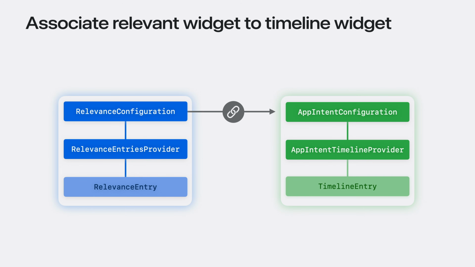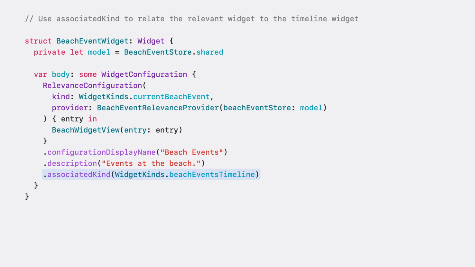The system will replace the timeline widget with the relevant widget cards when they are suggested. This ensures that only one card displays for each event. To associate the widgets, add the associated kind modifier to the relevance configuration and pass it the widget kind for the timeline widget. So that's how you build a relevant widget.